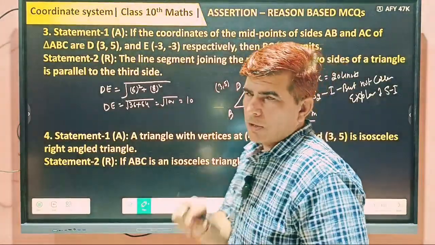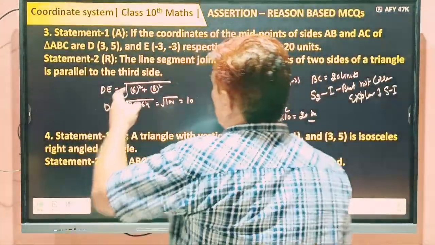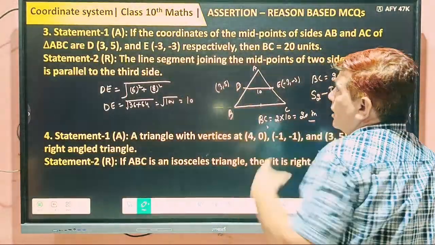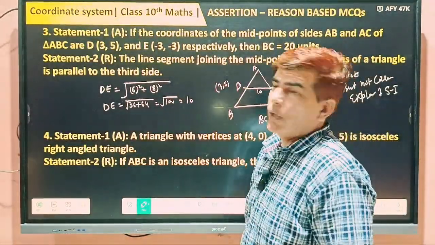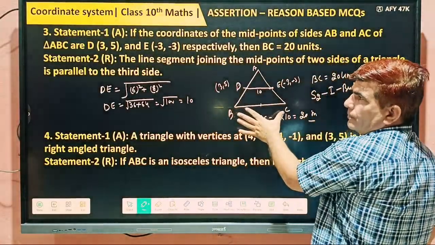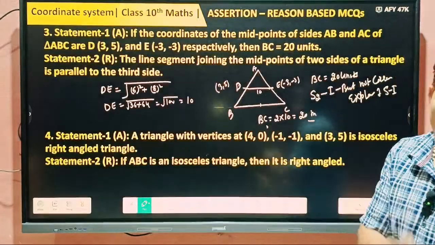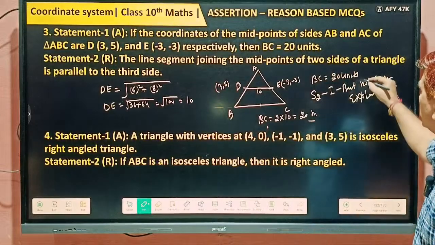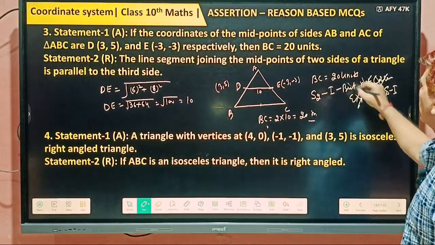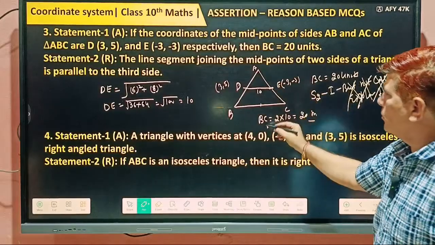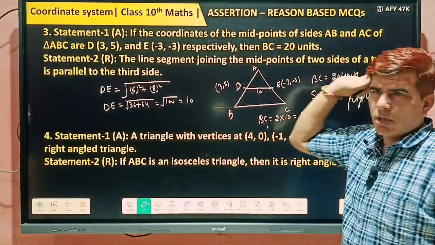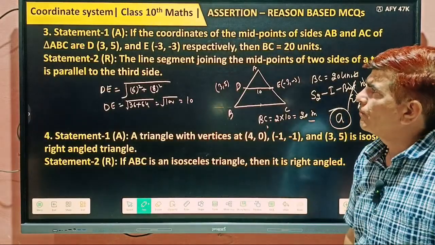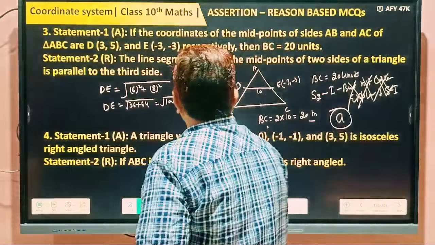So statement S1 is right. Statement S2: the line segment joining the midpoints of two sides of a triangle is parallel to the third side and half of it. So S1 is right, S2 is also right, and S2 is the correct explanation, because by this formula we can say BC equals 20 units. So what's your answer? Again your answer is A. Understood or not?